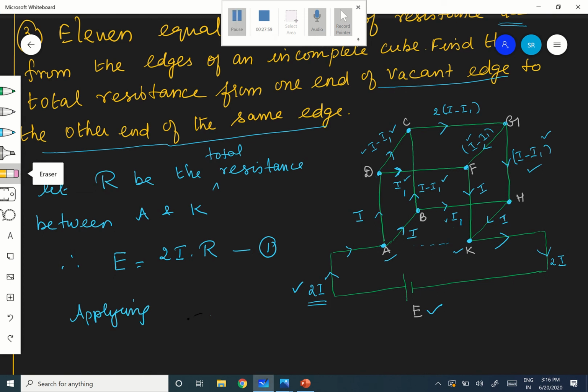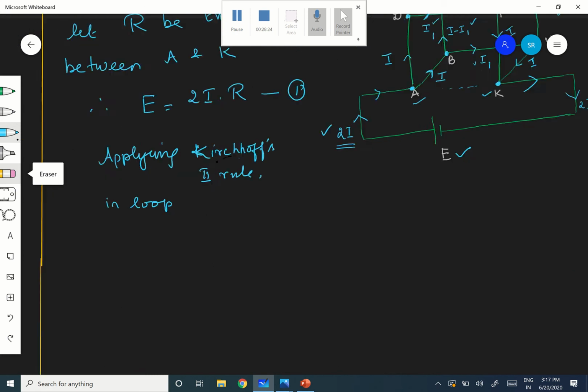Applying Kirchhoff's second rule in a loop. What is a loop?